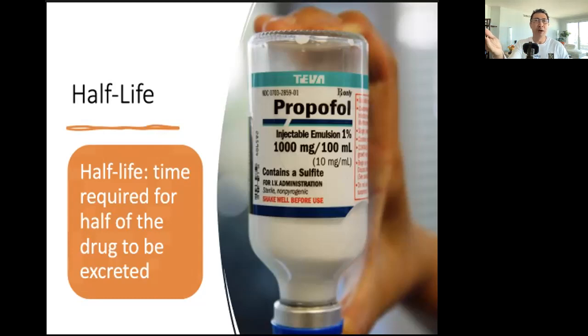When I want to wake him up, I will turn this off and they should wake up within the next, I'd say, 10 minutes. It's not a long-term sedation. It also depends, there's a lot of factors like their kidney function, liver function, how the body excretes these medications. So if everything is working right, they should wake up.